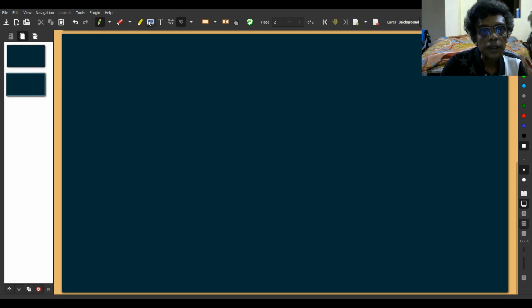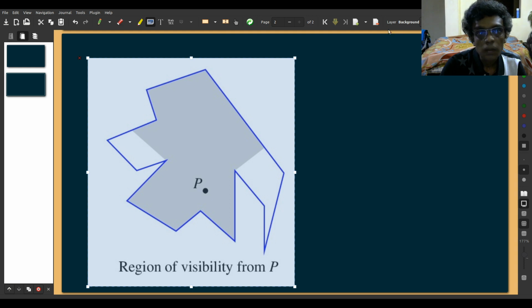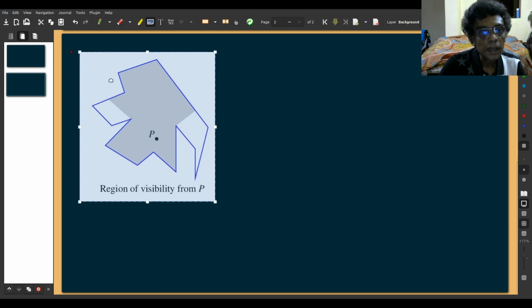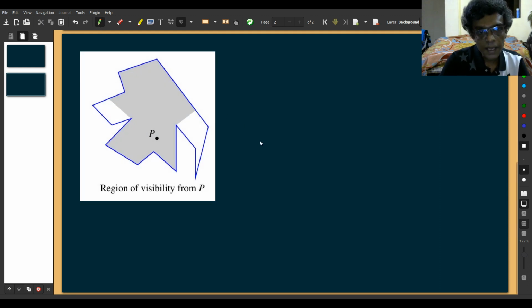Okay, let me bring this picture. So, what I am given is a polygon, this blue.